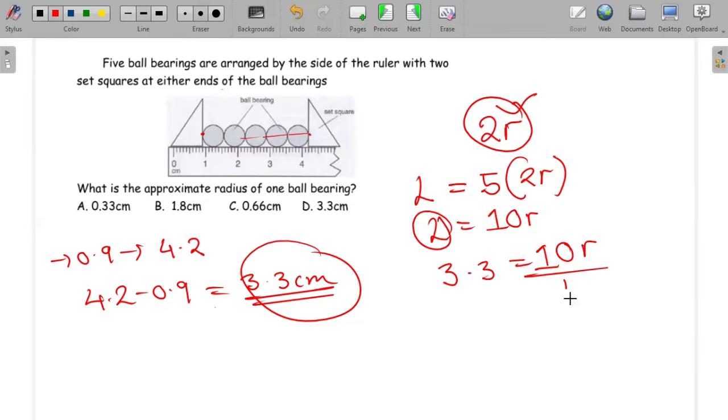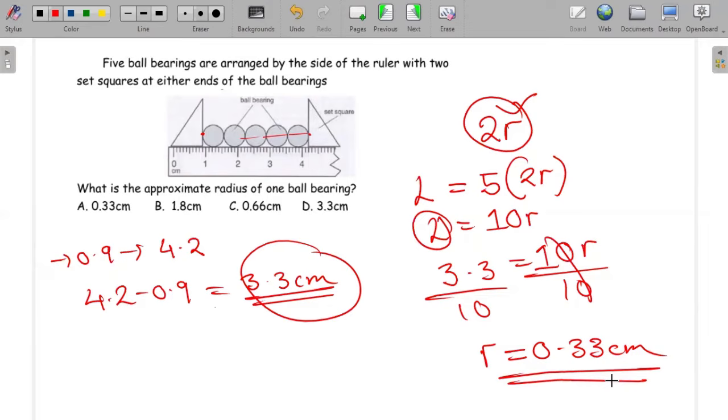Then from here, we divide both sides by 10. That means the radius of each ball is equal to what? What will be the answer? 0.33. 0.33 centimeters. And just like that, we are done with our question.